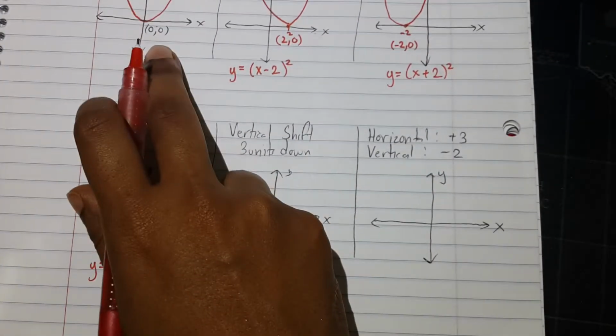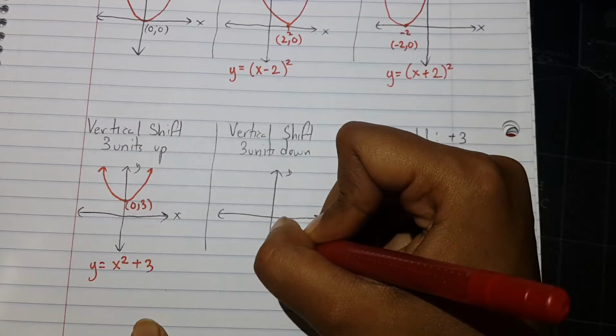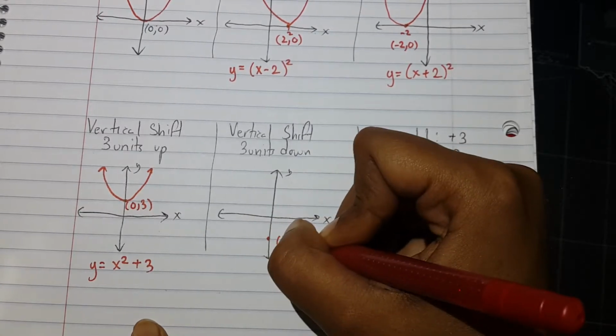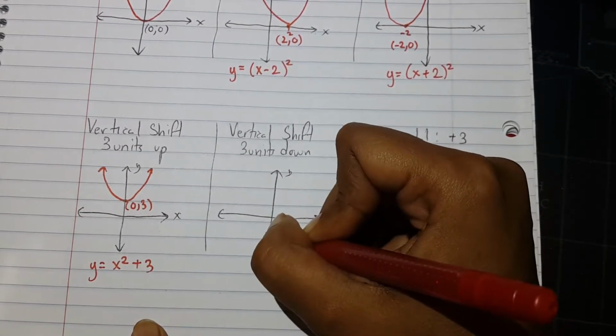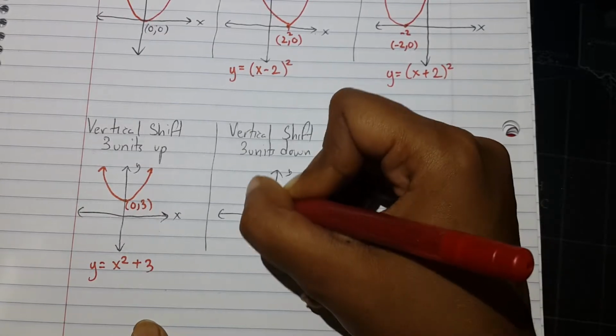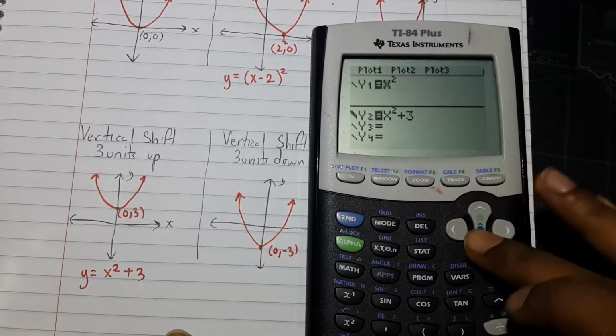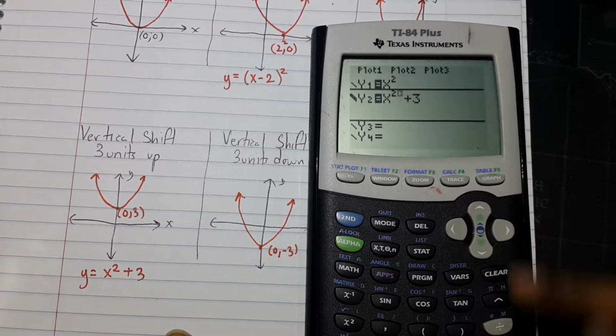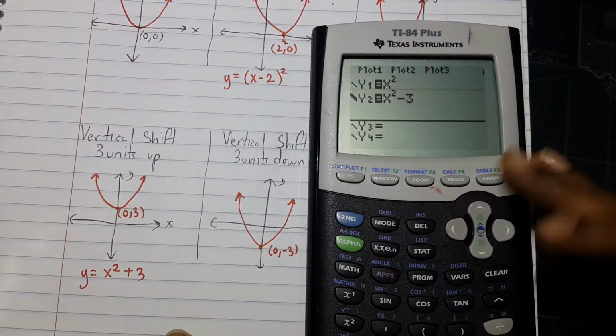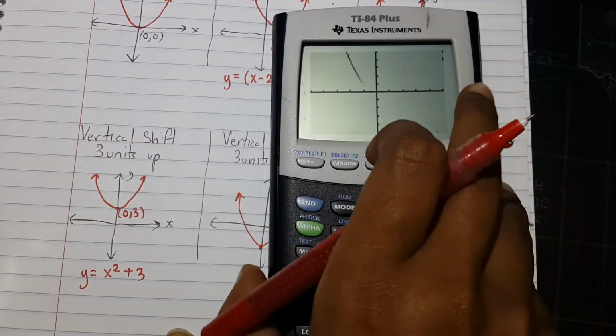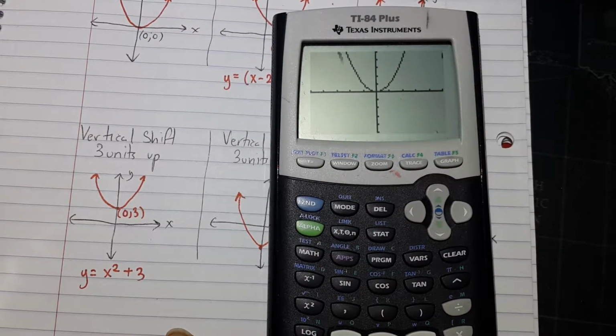So again, we're affecting the y-coordinate of the origin. Our point's going to be here, (0, -3). We just have our parabola looking like this. And if we want to verify on the graphing calculator, we can just do minus 3. Graph that. Parent function, and now 3 units shifted downward.